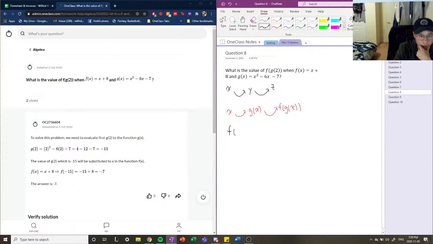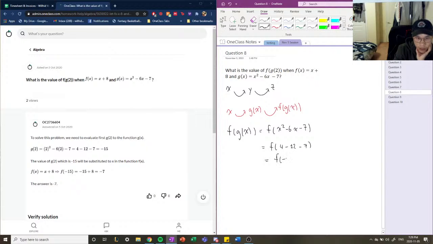An alternative way of writing f of g of x is f of x squared minus 6x minus 7. We're looking for g of 2. So 2 times 2 squared is 4, minus 12, minus 7. That's g of 2. Now we're going to take f of this value. 4 minus 12 is negative 8, minus 7 is negative 15.